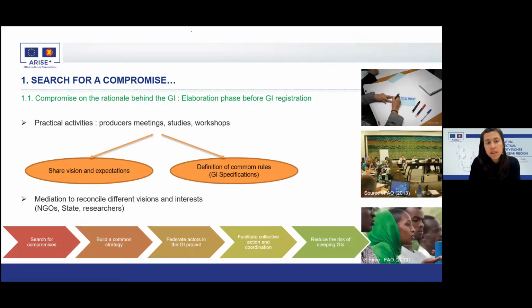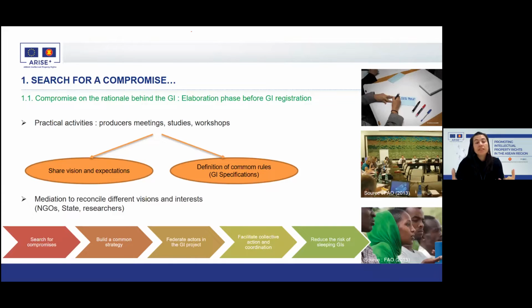During these meetings and workshops, the local actors will progressively develop a common knowledge on the product, a common vocabulary also. They will share visions and expectations of the GI project. And also they will collectively negotiate to identify the common rules that will be put into the GI specifications.